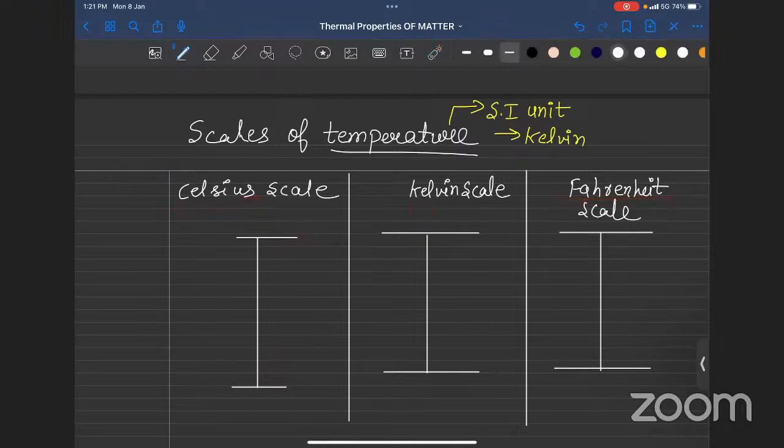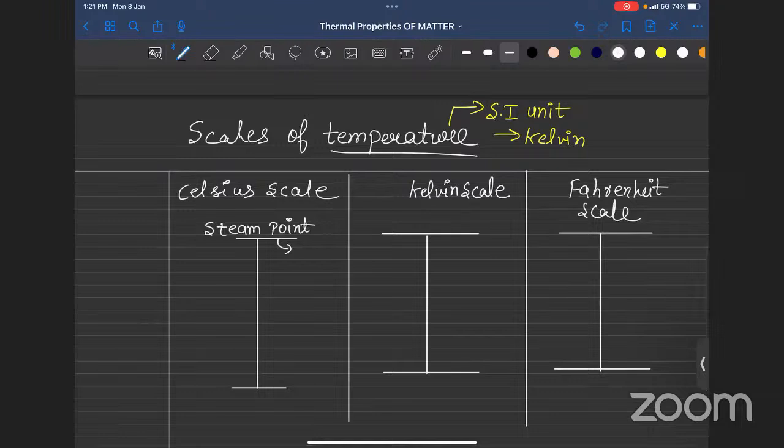Now if you see, the topmost is the steam point, and in Celsius it's calibrated as 100 degrees Celsius. The bottommost point is the ice point, calibrated as 0 degrees Celsius.